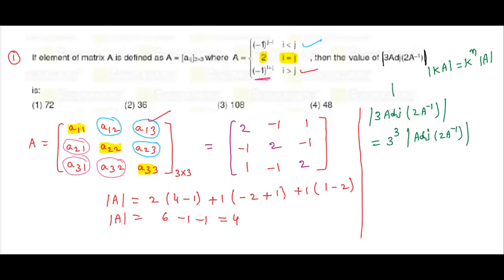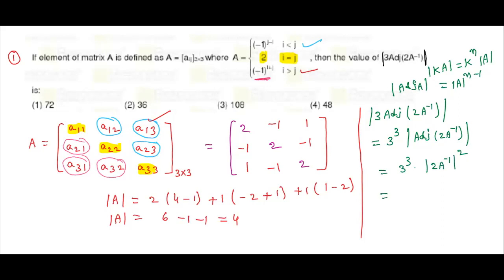What is the formula for det of adjoint A, students? Det of adjoint A is equal to det A whole power n minus 1, where n is the order of the matrix. Here order is 3 by 3. So here we get 3 cube into det of 2A inverse, whole power 3 minus 1, that is 2.